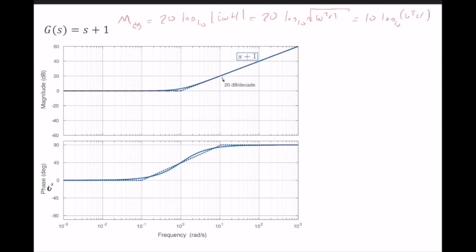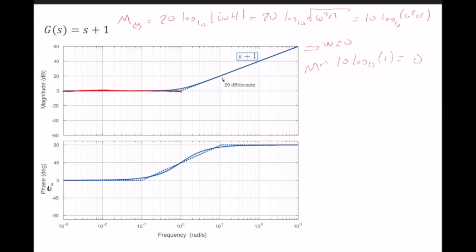Okay, so it's kind of hard to capture this, but at low frequencies, let's assume that omega is close to 0, and we don't know how close it is. This is approximately equal to 10 log 10 of 1, and it is equal to 0. Okay, so we can analytically find that this is actually a 0 dB line.